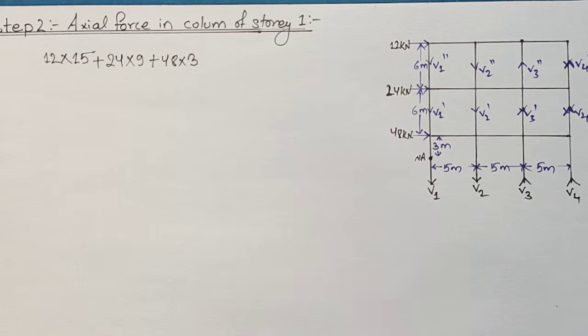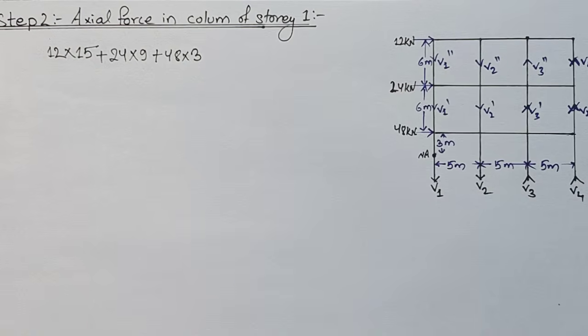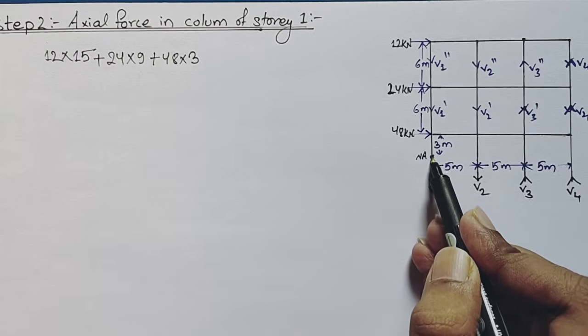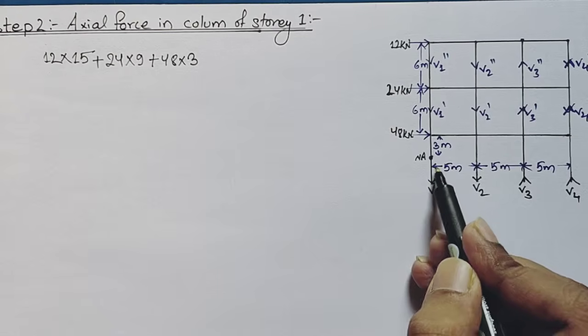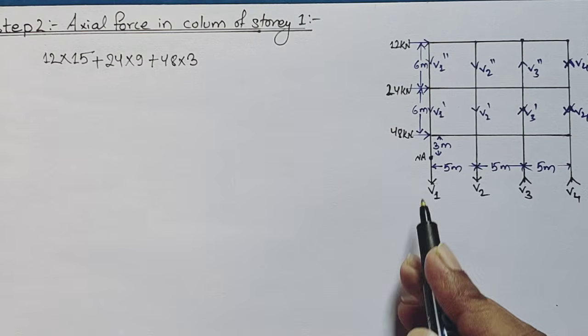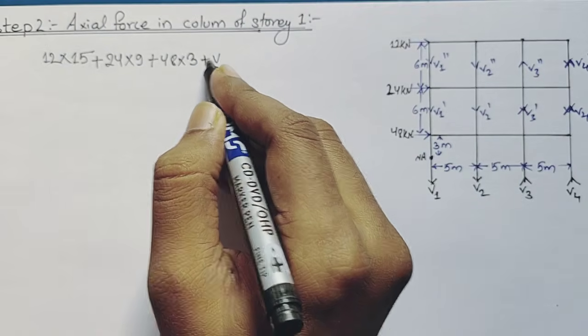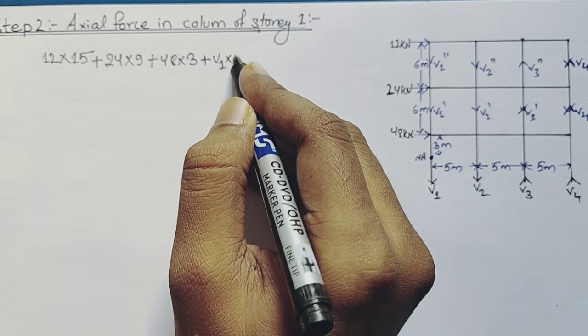See here, for calculating the moment we apply the force with perpendicular distance, and our V1 is parallel to this neutral axis, means there is no perpendicular distance with this force V1. So V1 will be multiplied by 0 because the distance is 0.